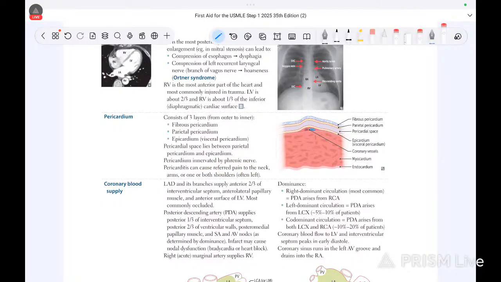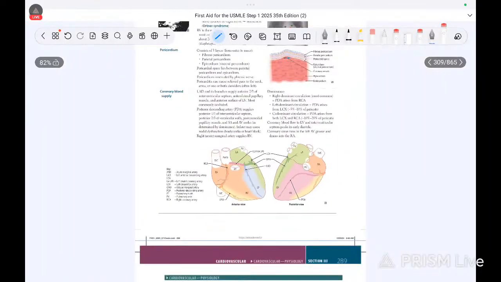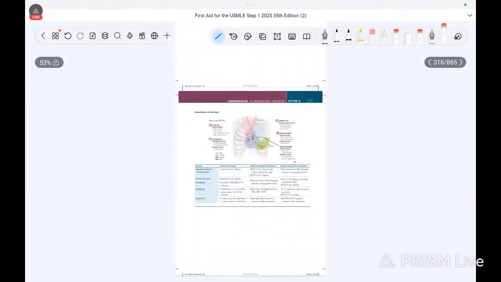Next we have the coronary blood supply. Let us see how much is left.